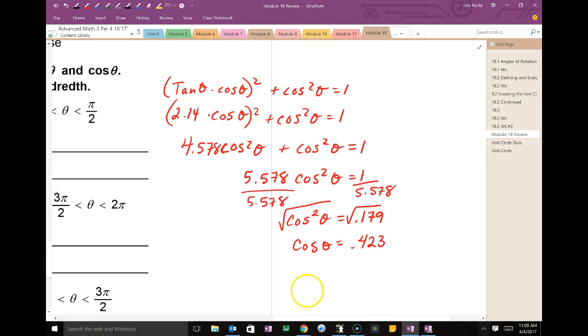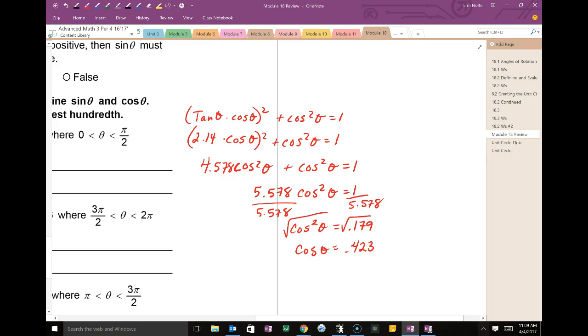Okay, so then we have a decision to make. Is this going to be positive or negative if we're working between 0 and pi over 2? It's positive, because we're in the first quadrant. So we'll keep that positive.